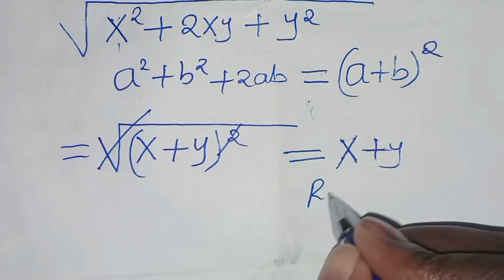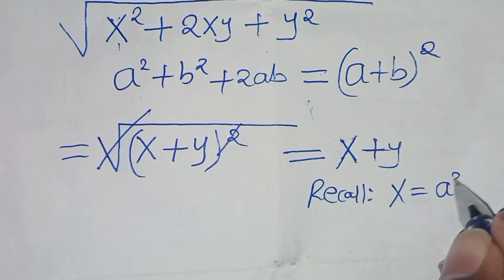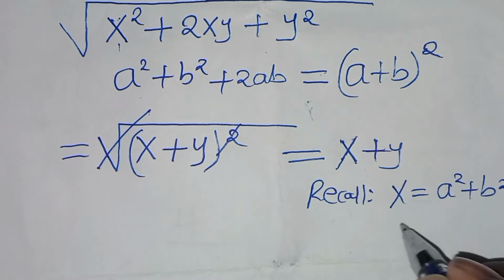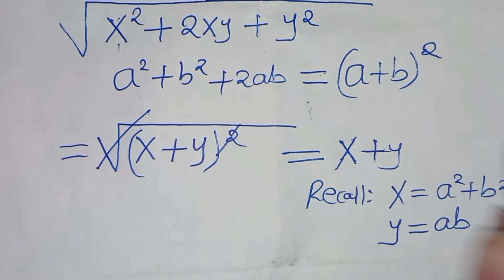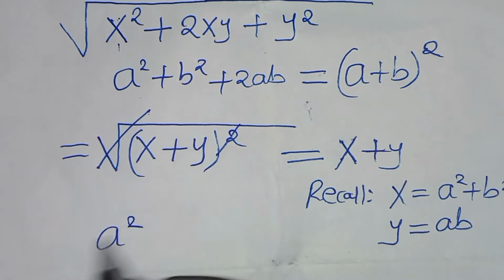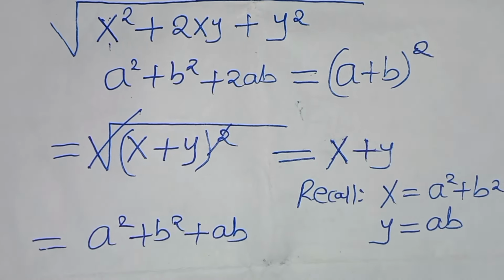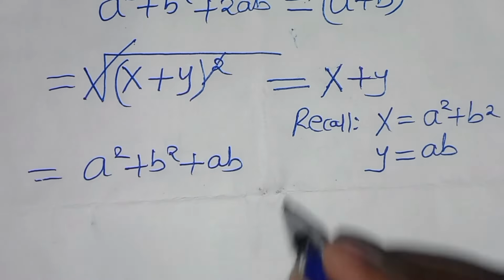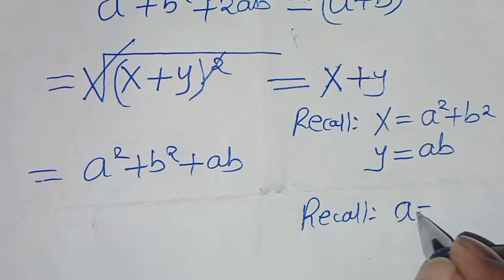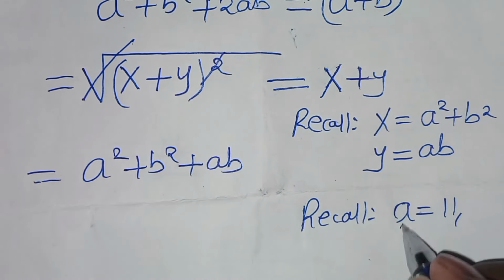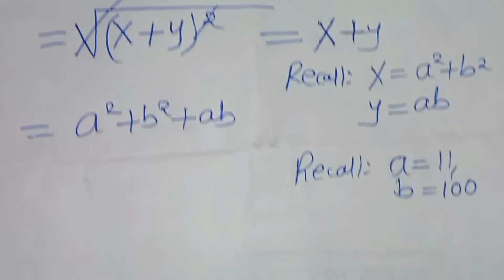Now, if you recall, x is equal to A squared plus B squared, and y is equal to AB. So this implies that we have A squared plus B squared plus AB. Again, if you recall, A is equal to 11 and B is equal to 100. So let's substitute this.